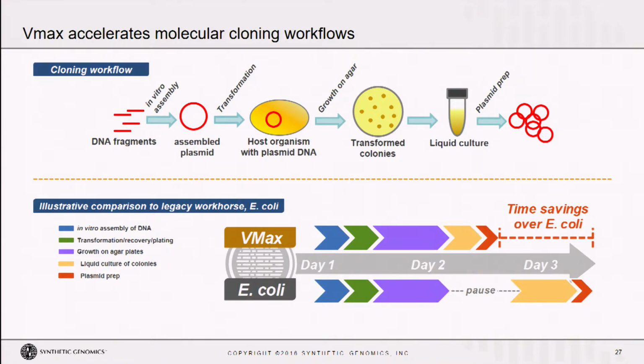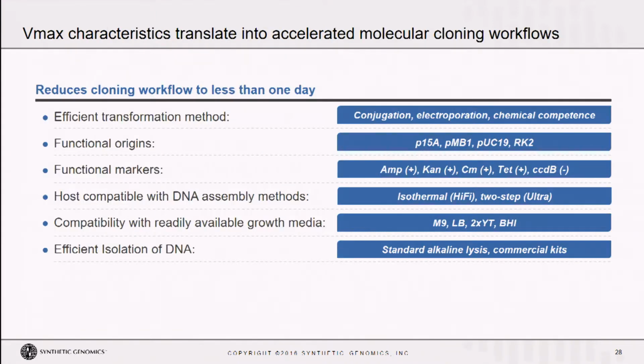And then you have to pick those colonies, grow them into liquid medium, and allow the cells to grow to a high enough density where you can then purify your plasmid DNA. So with E. coli, this is traditionally about a 3-day process, but with Vmax, it becomes now a 2-day process easily, and if you're very aggressive or have very aggressive grad students, you can carry this out in a 1-day process.